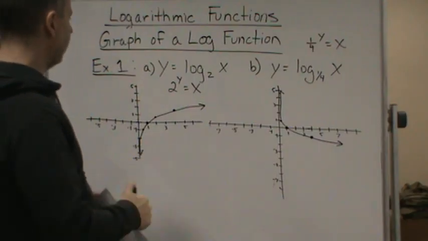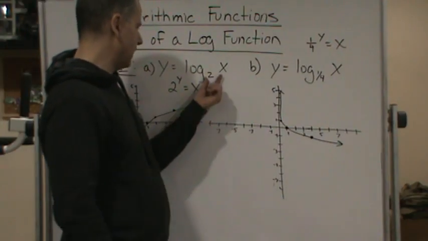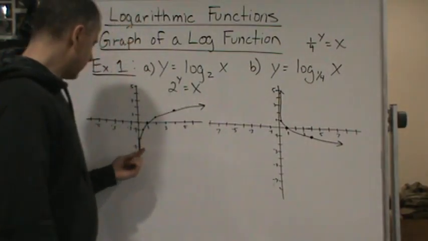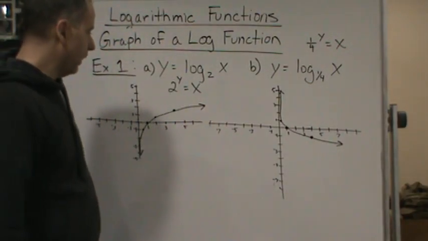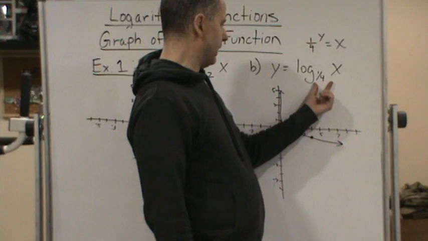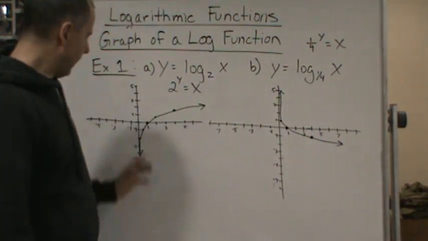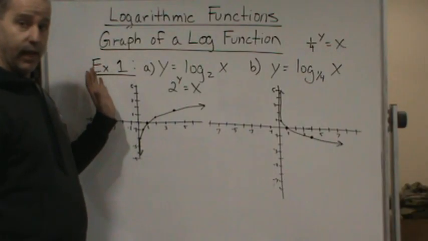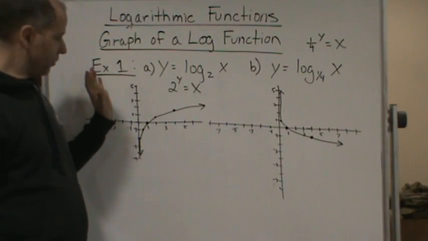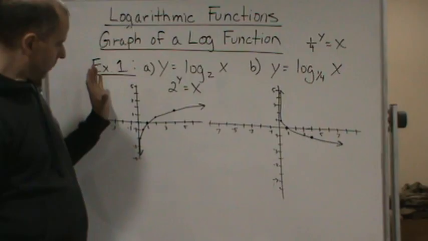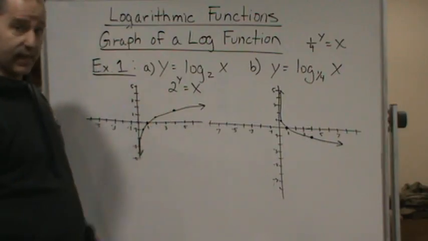Now notice how if the base is bigger than 1, we get something that looks like this. If the base is between 0 and 1, we get something that looks like this. In fact, it's sort of like an exponential function rotated 90 degrees.